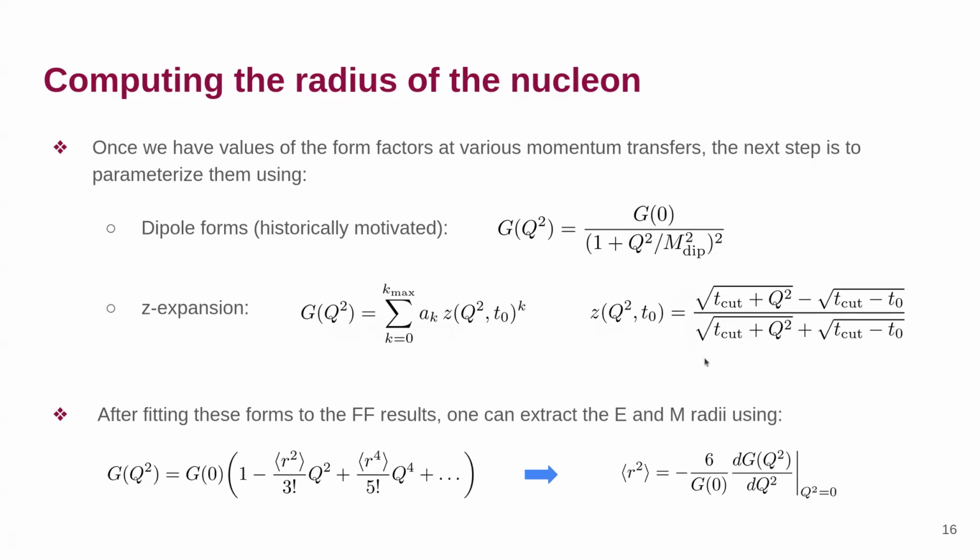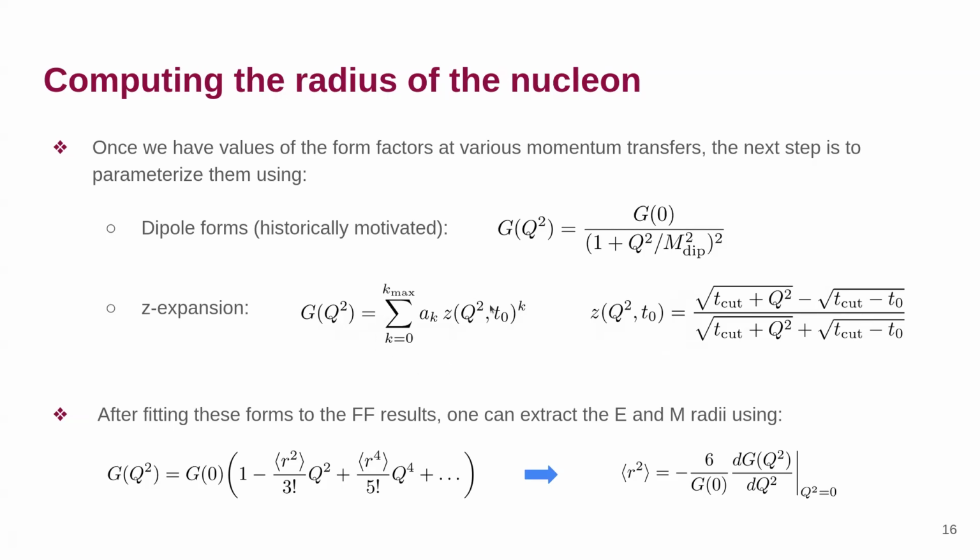Essentially, this takes into account some branch cuts for your form factors, and you can choose this T naught. Usually, that's chosen to be 0. That simplifies the calculation a little bit, but you don't have to. There are some ways you can determine the optimal value of T naught.